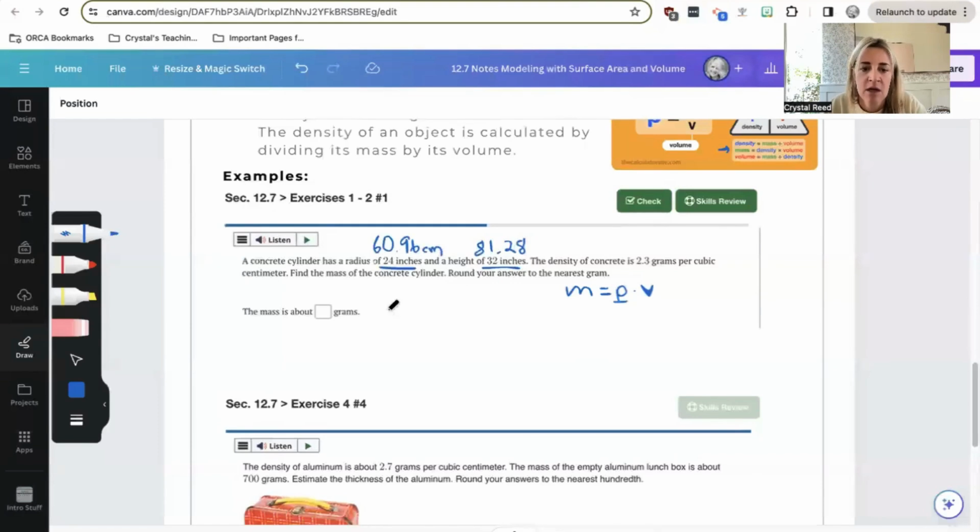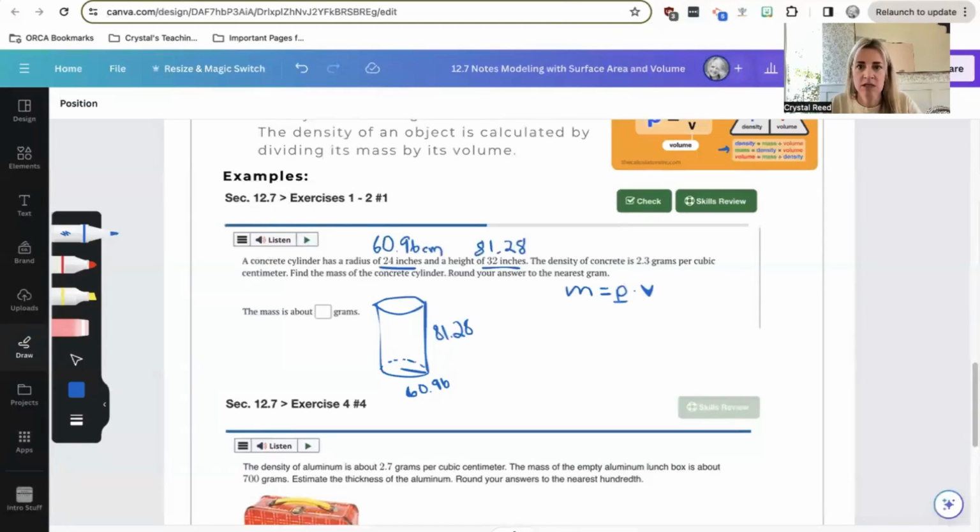The volume, though, we can find. We do know that it's a cylinder. It has a radius of 60.96 centimeters and a height of 81.28. And so we can look back at our formula sheets.